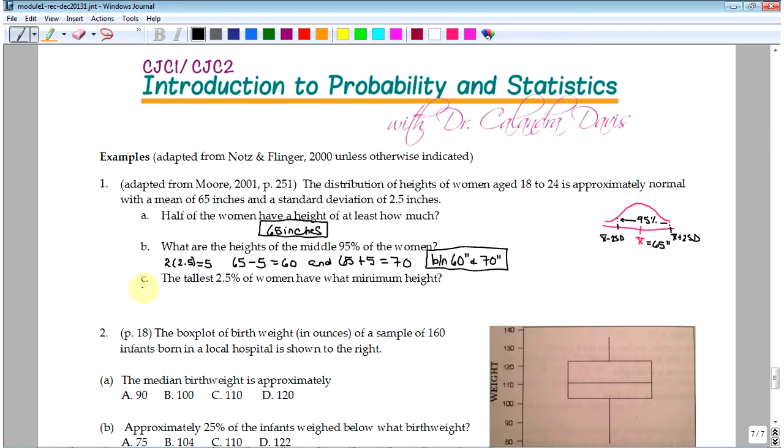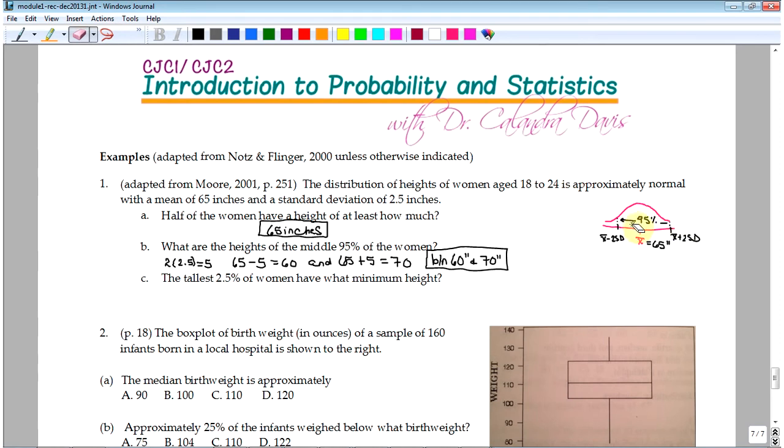Okay, for part C, the tallest 2.5% of women have what minimum height? Okay, well, we can refer to the last problem.